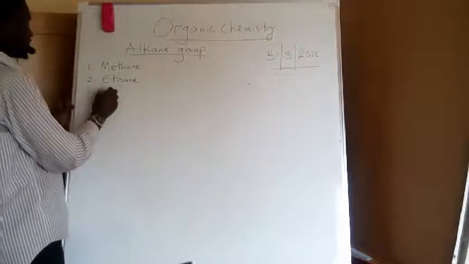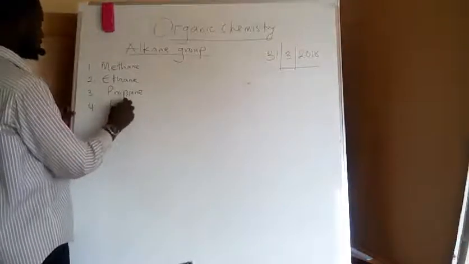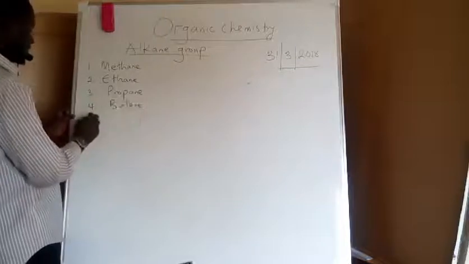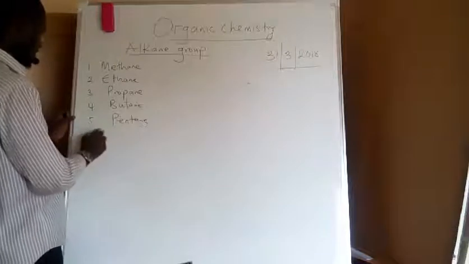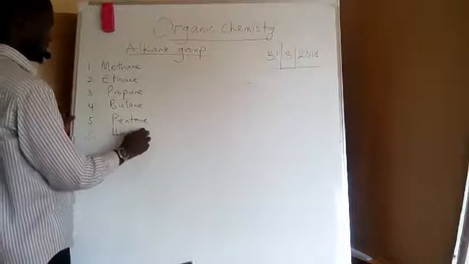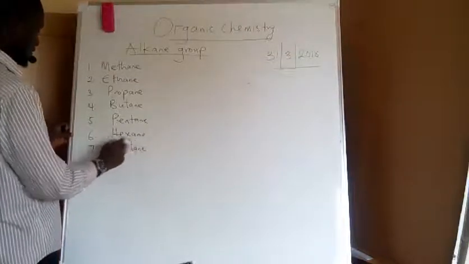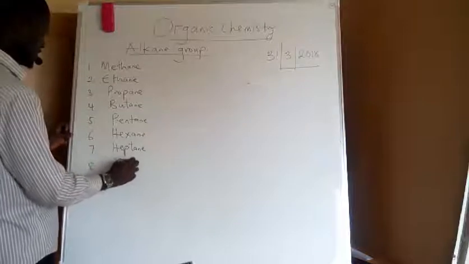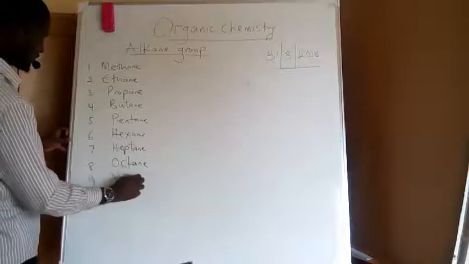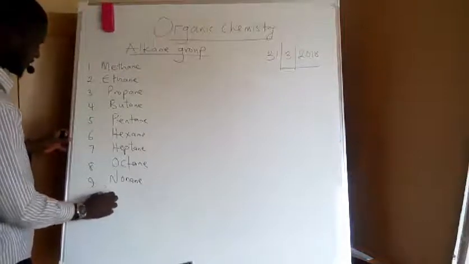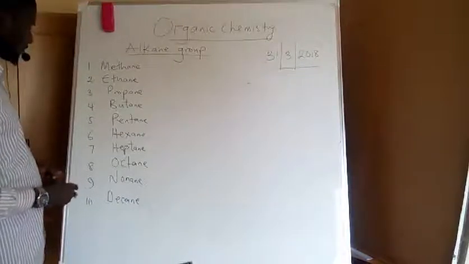The third is propane. The fourth is butane. The fifth is pentane. The sixth is hexane. The seventh is heptane. The eighth is octane. The ninth is nonane. And the tenth one is called decane. So these are the alkane members, or alkane group, or alkane family.